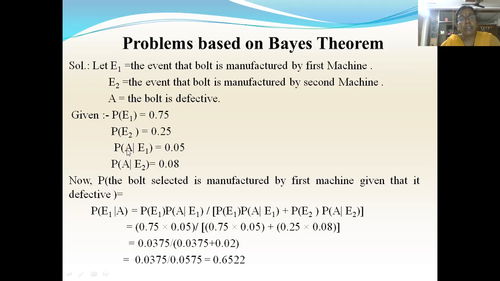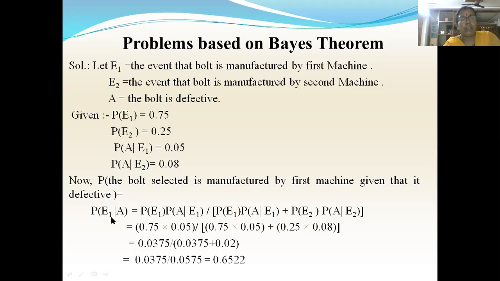And the probability that machine 1 manufactures defective bolts is 5%. So P of A given E1 is 0.05. Similarly, for machine 2 it is 0.08. Now, what probability do you have to find? The probability that the bolt selected is manufactured by the first machine given that it is defective.